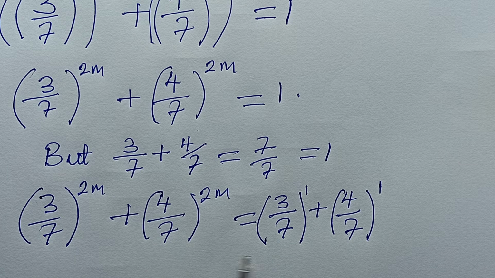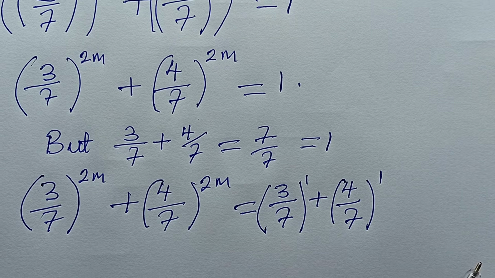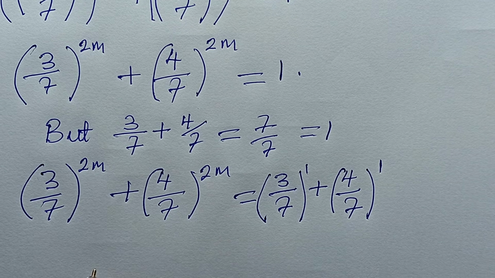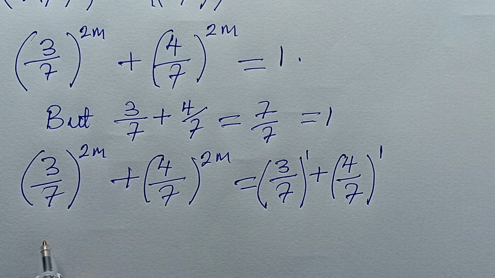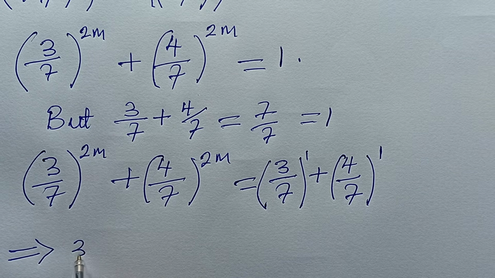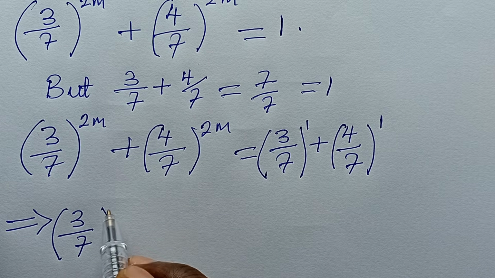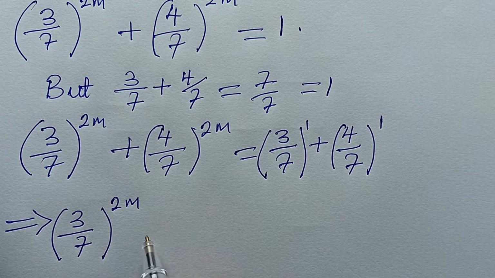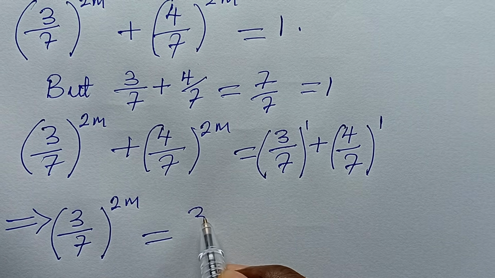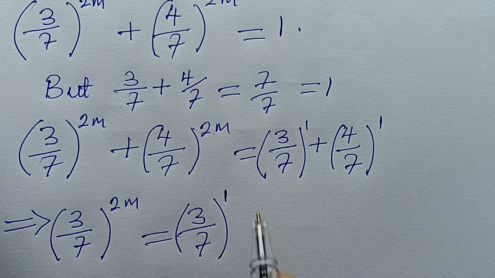We can do a simple comparison. So if we compare this to this, this will be equal to this. So we can take either of them. So this now implies that (3/7) all raised to the power of 2m is equal to (3/7) all raised to the power of 1.